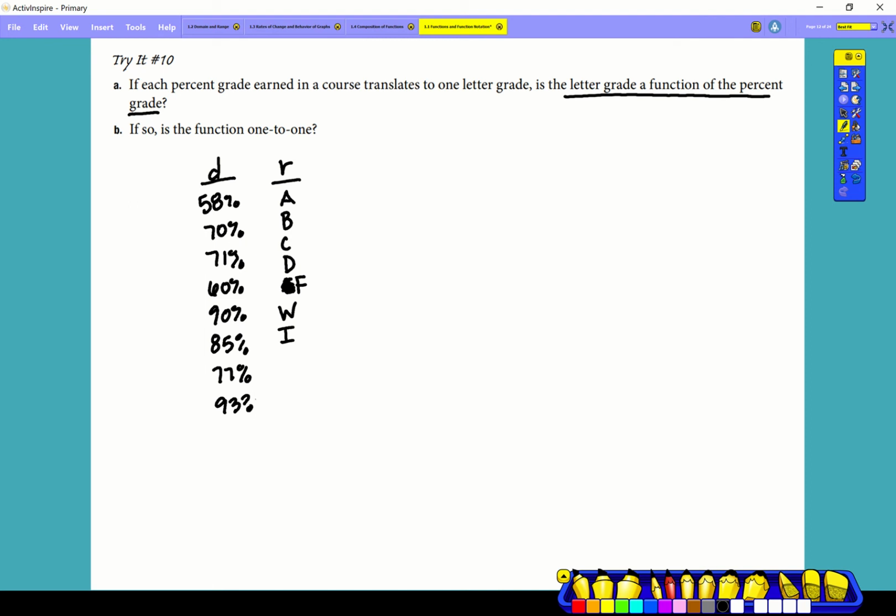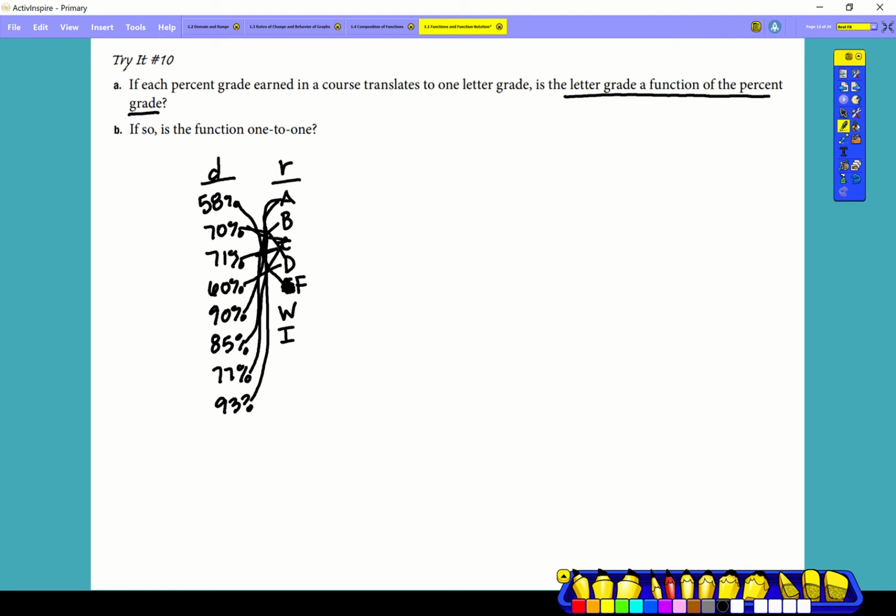So let's start matching up some things. Well, a 58, that's a failure, guys. Oh, I'm so sorry. A 70 would be a C, a C, which is another C. 60 is a D, 90 is an A, 85 is a B, and these are just grades I made up. Another C, another A. Wow, that got messy real quick, didn't it?